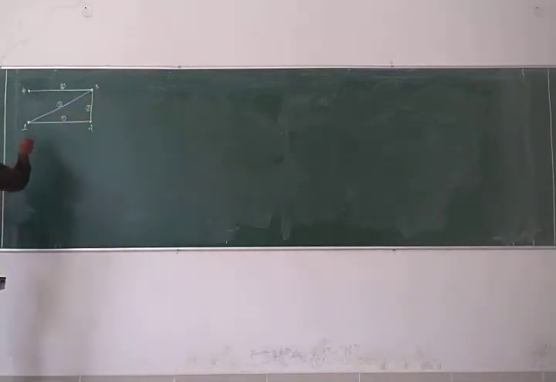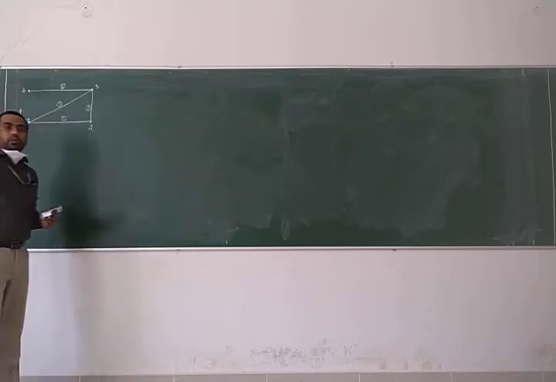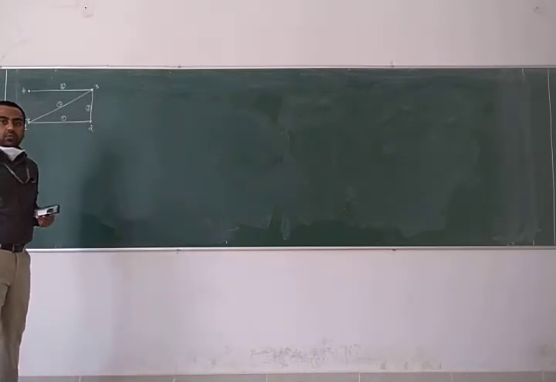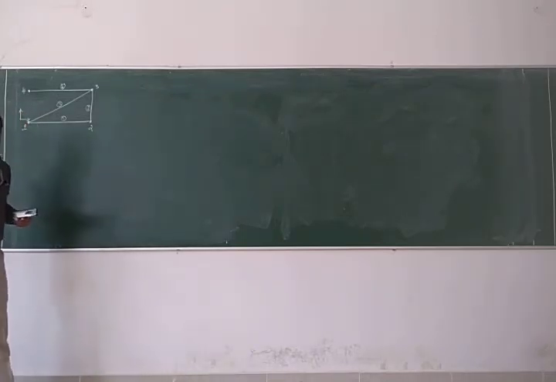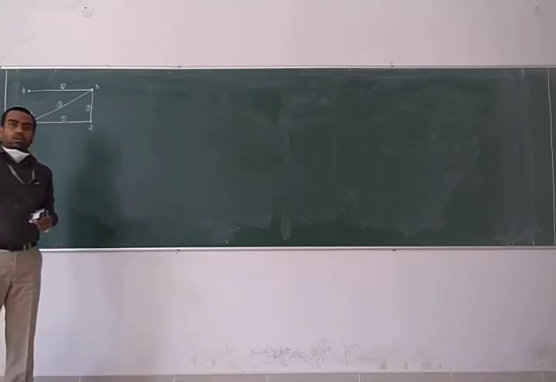So this is at node 1, along the x direction 2j minus 1 where j is equal to 1. So 2 into 1 minus 1. So displacement along x direction is given by q1. Force along x direction is given by F1.